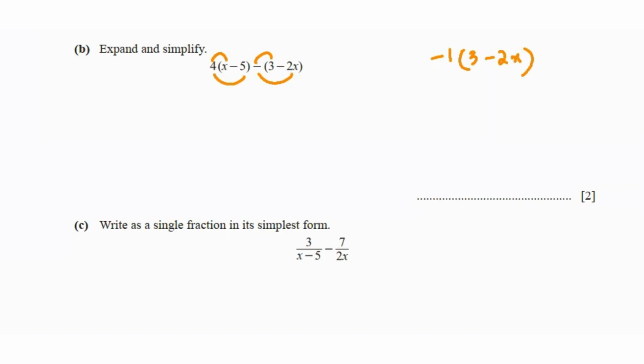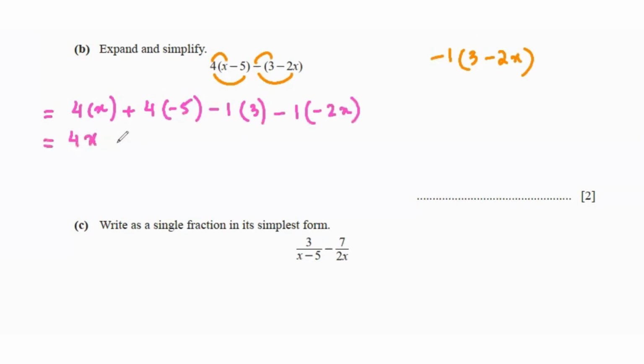So we do 4 times x plus 4 times negative 5 minus 1 times 3 and minus 1 times negative 2x, which will give us 4x minus 20 minus 3 plus 2x. Minus times minus is positive, and minus times positive is minus. 4x plus 2x is 6x, and negative 20 minus 3 is negative 23. That is your answer.